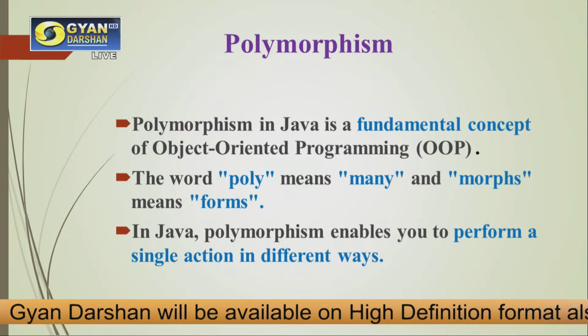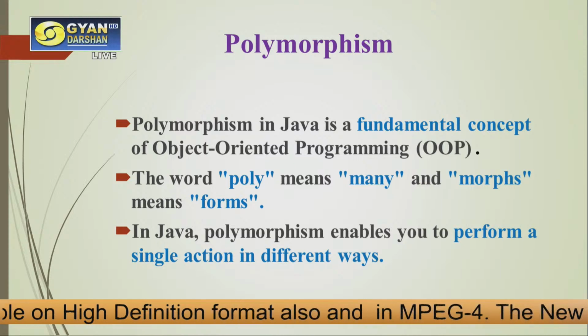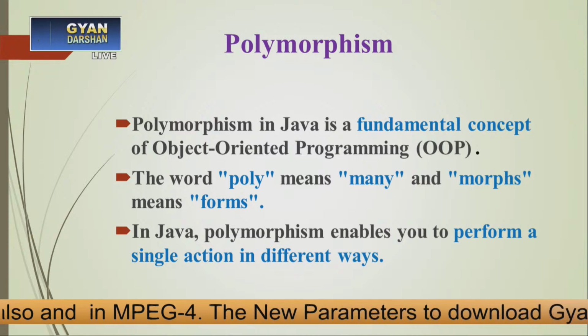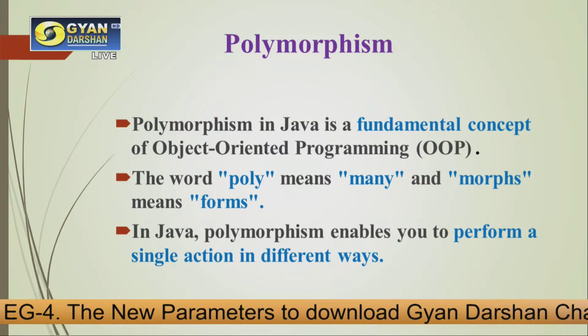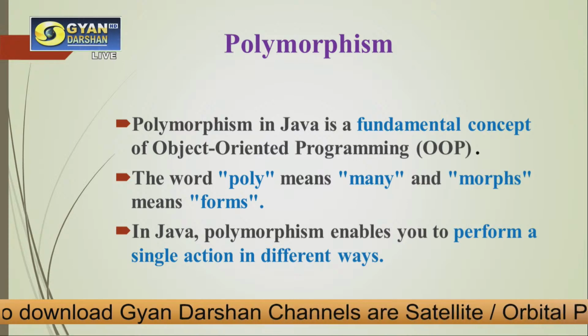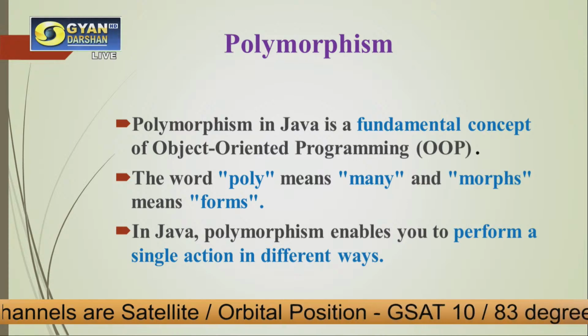So polymorphism means many forms, and the question is, many forms of what? The answer to that question is many forms to a single interface, or many implementations to a single method. We will see how these many implementations help in solving our problem, or lead to a better programming concept, a better presentation of the code and management of the code.